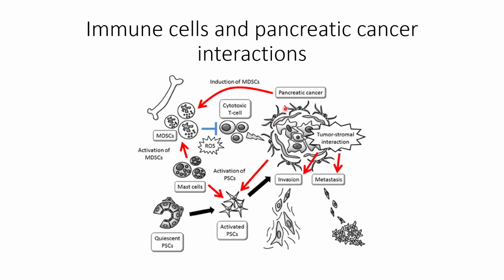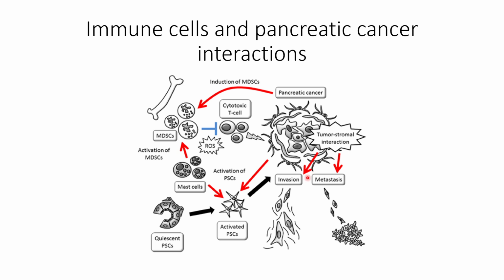The other thing pancreatic cancer cells do is activate the quiescent pancreatic stellate cells into activated pancreatic stellate cells, and these activated pancreatic stellate cells, along with the activated myeloid-derived suppressor cells, help the pancreatic cancers acquire invasion and metastatic properties.